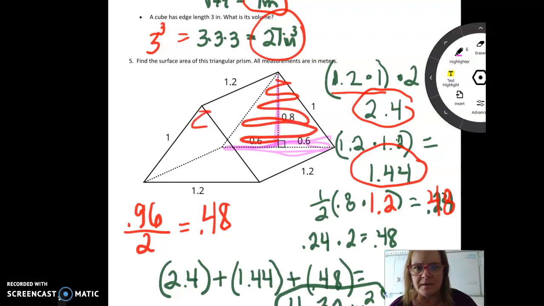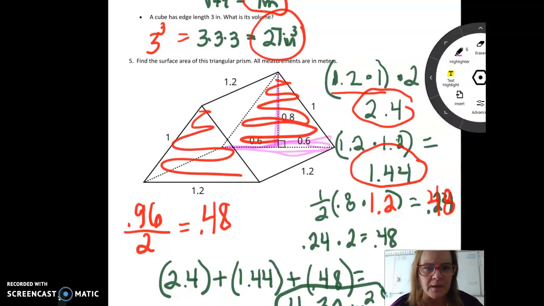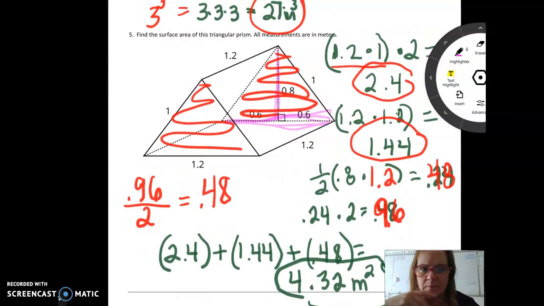So I just found the area of this triangle. Now I need to double that because there are 2 triangles, 2 bases. 48/100 plus 48/100, or 48/100 times 2, we're back to 96/100. So now I need to fix my math down here because I've got my 2 and 4/10, those 2 rectangular faces. And then I have 1 and 44/100, that's the rectangular base it was sitting on.